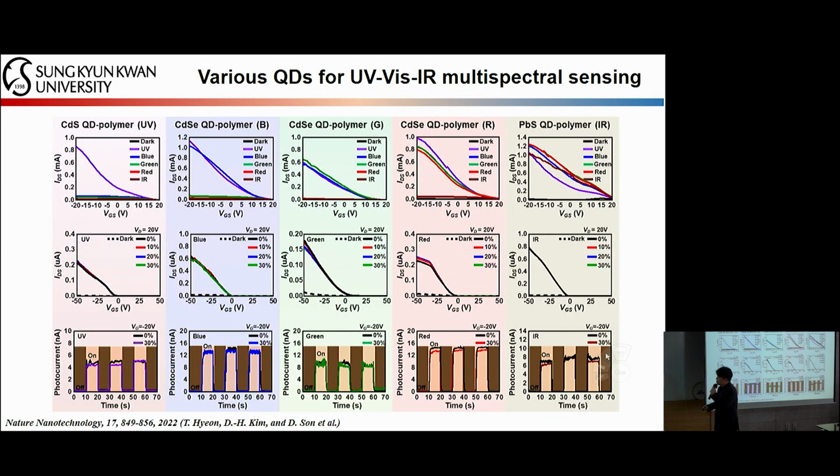As you can see here, we can verify the individual light information ranging from UV and visible ranges even to IR regions, and their photosensing capabilities were also stable even at 30% strain.